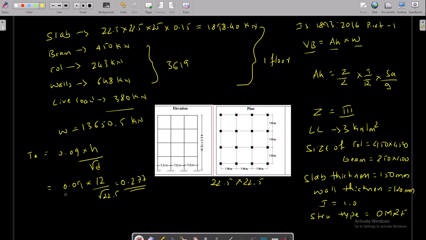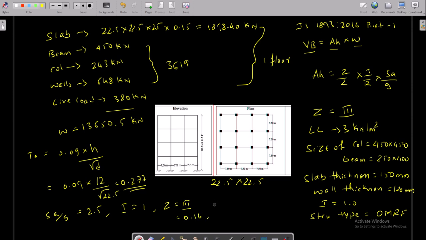So this is what we need to get in the software after modeling this. Later, for Sa by g, considering the medium stiff soil and the time period, we will have 2.5, right, and I is 1, right, and Z is 3. The value for Z, referring to the code, is 0.16, right.